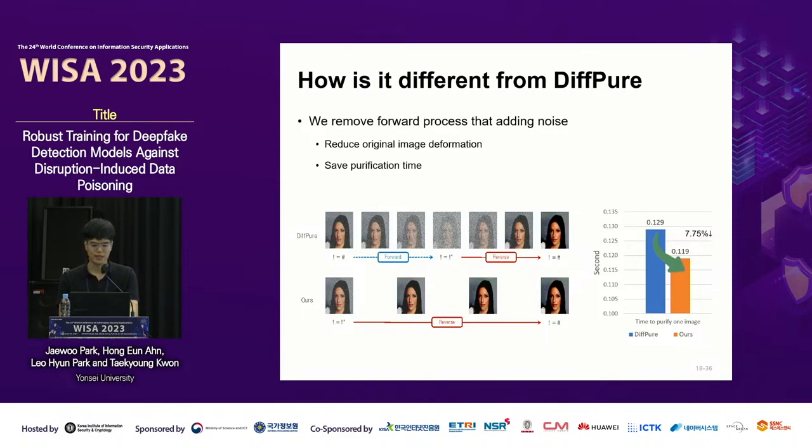However, if noise is added through the forward process, more changes are made in the original image and more time is required for purification. Our proposed method is to remove only the disrupting perturbation through the reverse process by removing the forward process. This minimizes the deformation and reduces the time taken for purification by 7.75%.